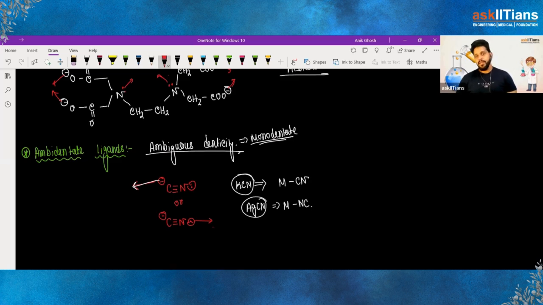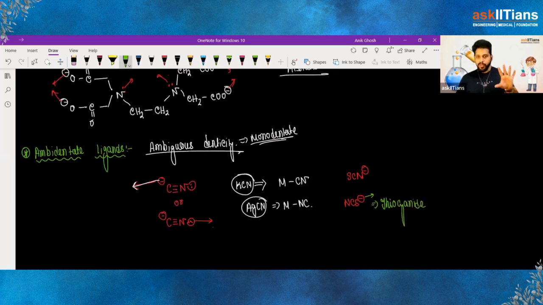Similarly, we have SCN minus or NCS. If you are attacking from the nitrogen side, guys, we call it, just 1 second. Okay. When you attack from the sulfur side, let's talk about this first. When you attack on the sulfur side, that time we call it thiocyanide. See guys, it's nothing difficult.